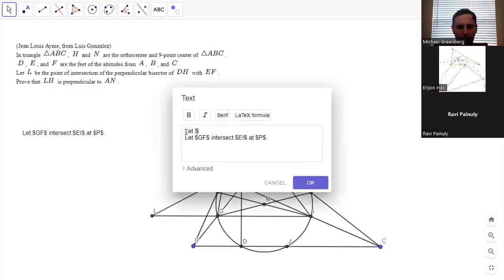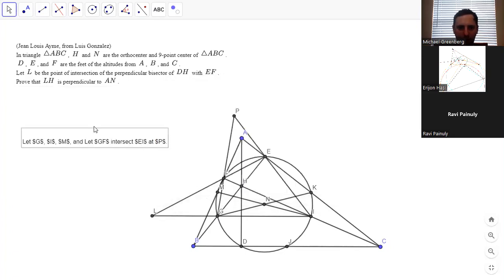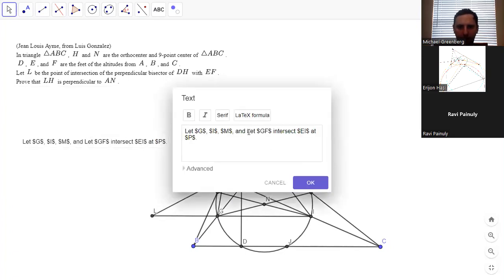So let G, I, M, and K be the midpoints of BH, CH, AB, and AC. Then G, I, M, and K lie on the 9-point circle.